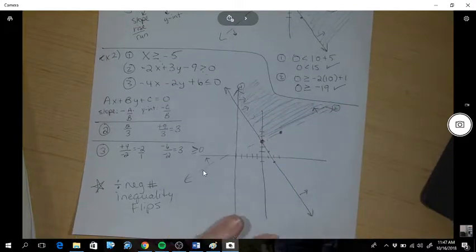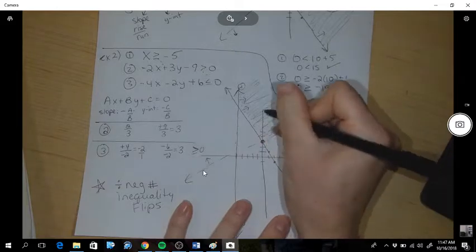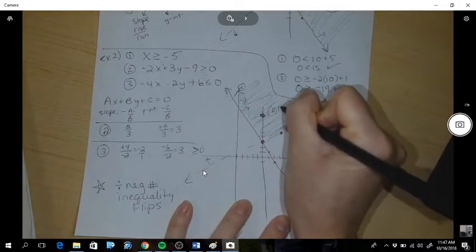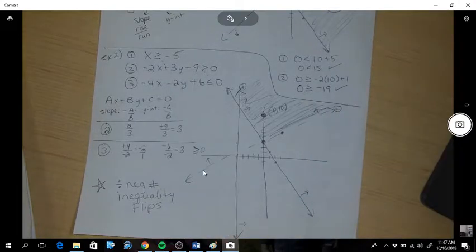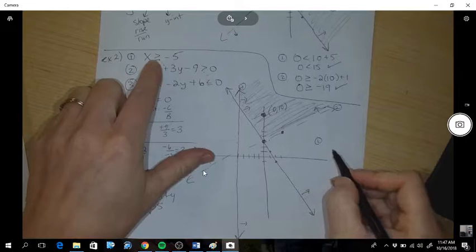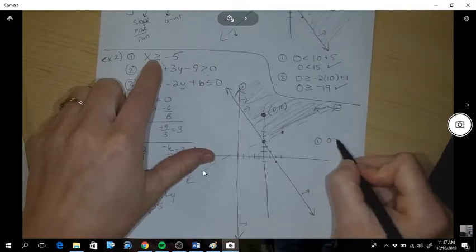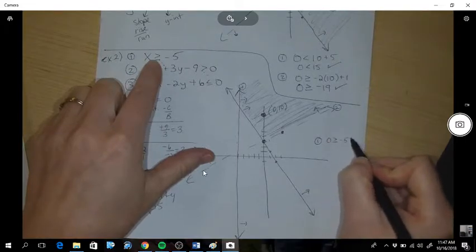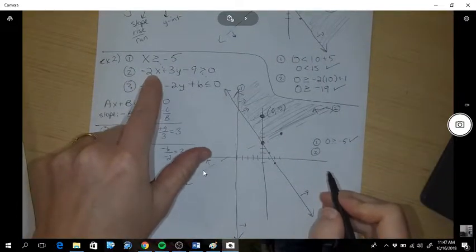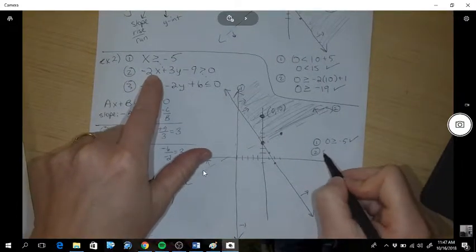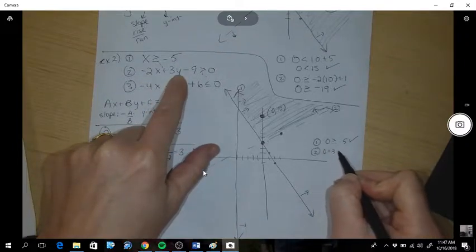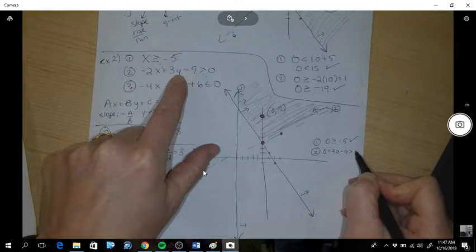And again, you can check a point. So it looks like the point 0, 10 would be in our solutions, right? So let's go into equation 1. Is 0 greater than or equal to negative 5? Yes. Negative 2 times 0 is 0, plus 3 times 10 is 30, minus 9.